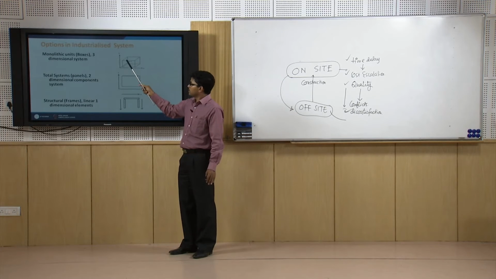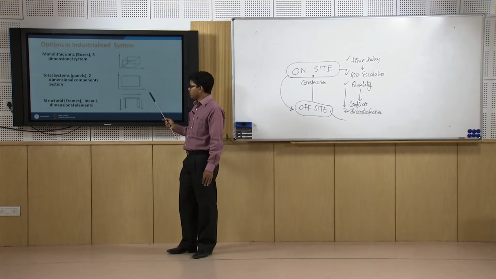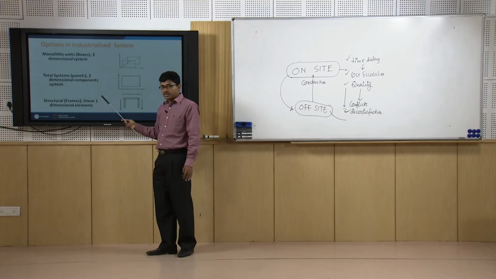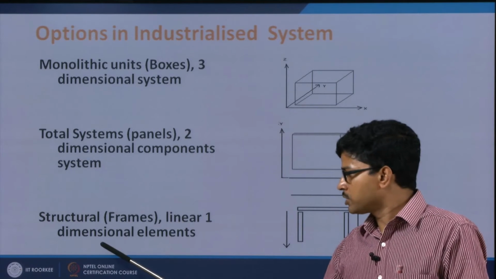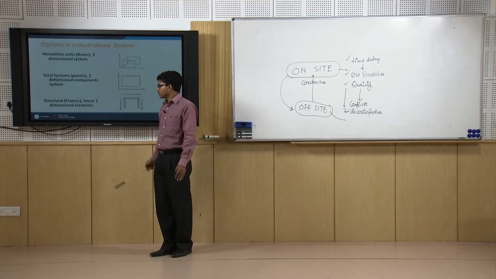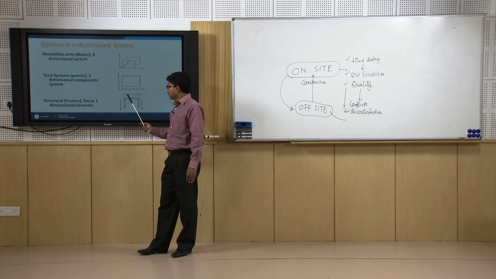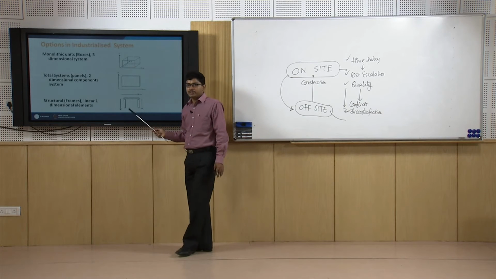It is not enclosing a space fully, but multiple units of panel can enclose a space in a better way. And also the traditional way of constructing a house, like the column and the beam, which makes a structure, and use of multiple columns and beams can create an enclosed space, which is called frame system or linear system, which is basically a linear 1-dimensional component.